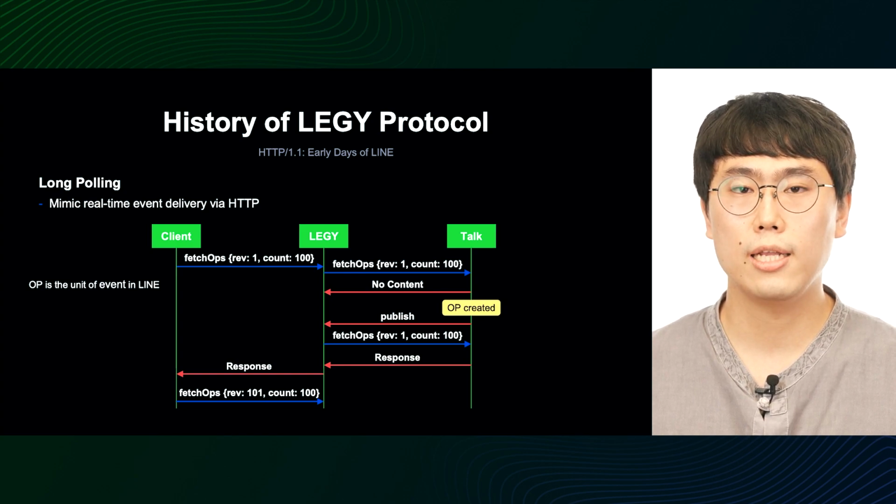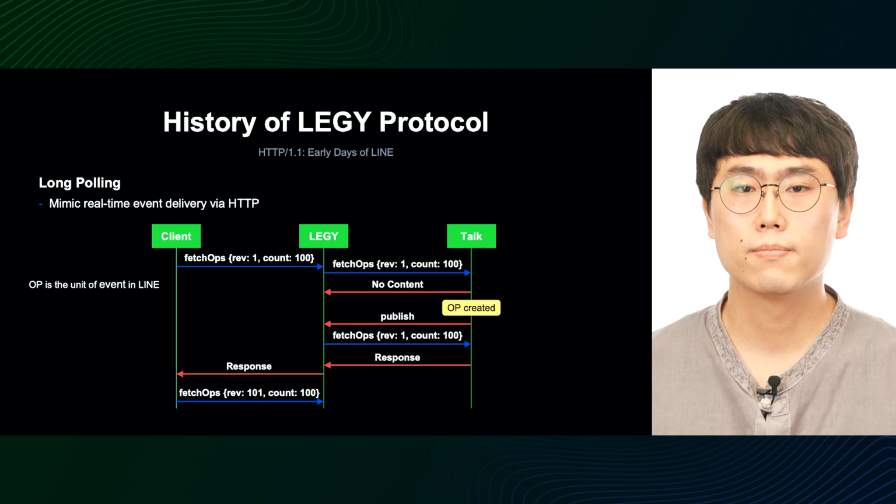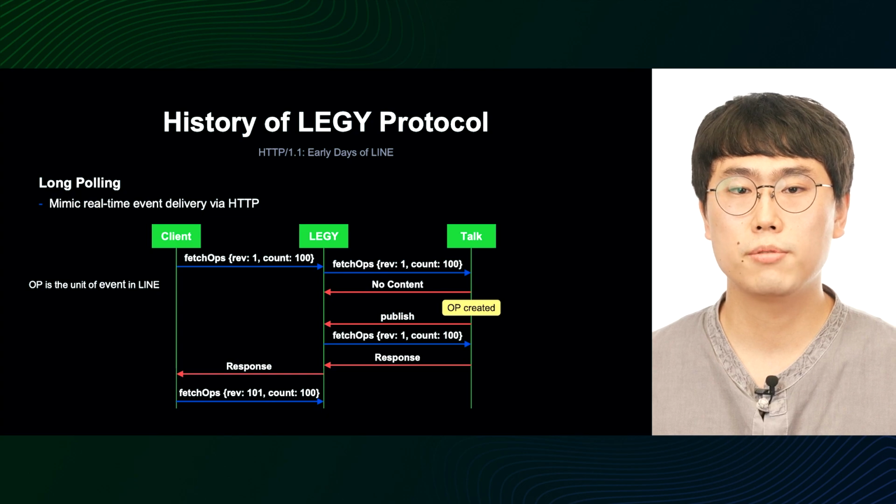Every event in LINT is defined as an operation. Clients synchronize the events using an API called fetchUps, which returns the operations. LEGY handles fetchUps request as long polling. LEGY passes the fetchUps request along to talk server right after receiving it from a client.